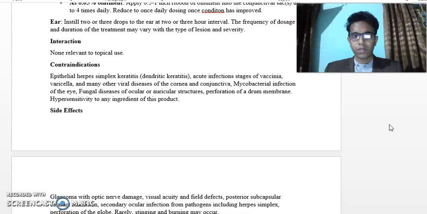Mycobacterial infection of the eye, fungal disease of ocular structures, perforation of a drum membrane, hypersensitivity to any ingredient of this product.